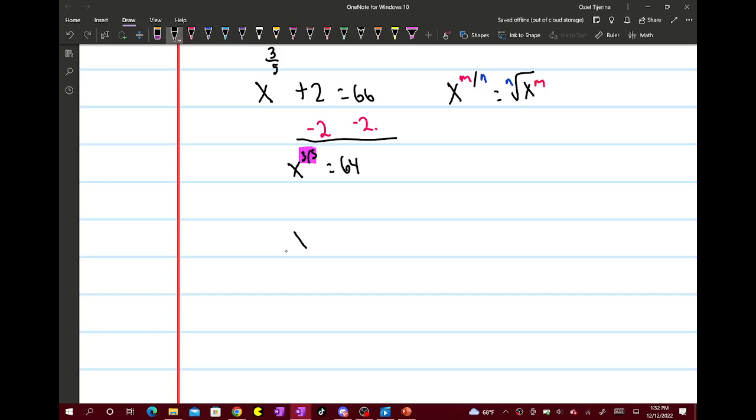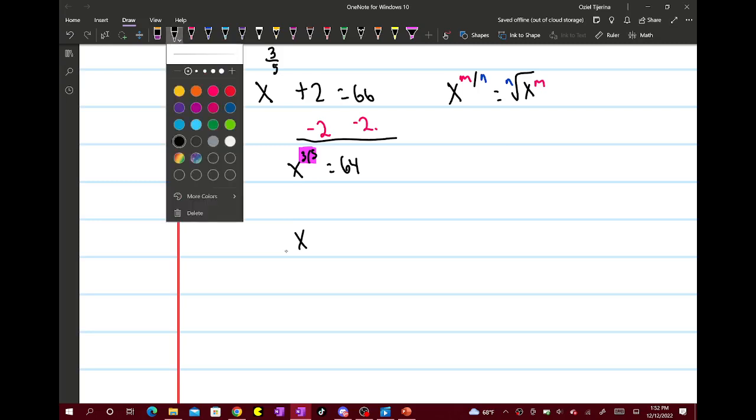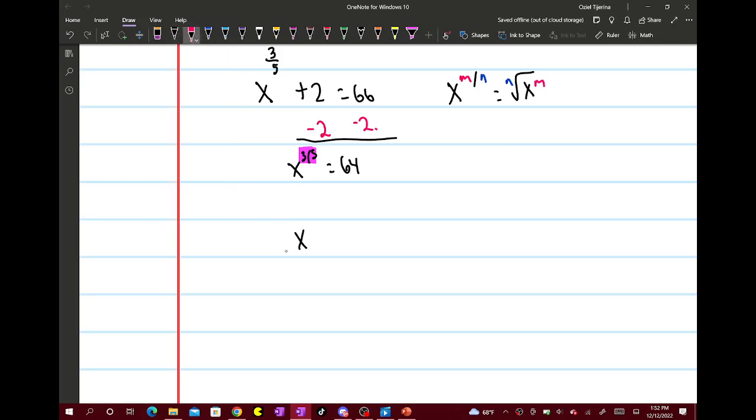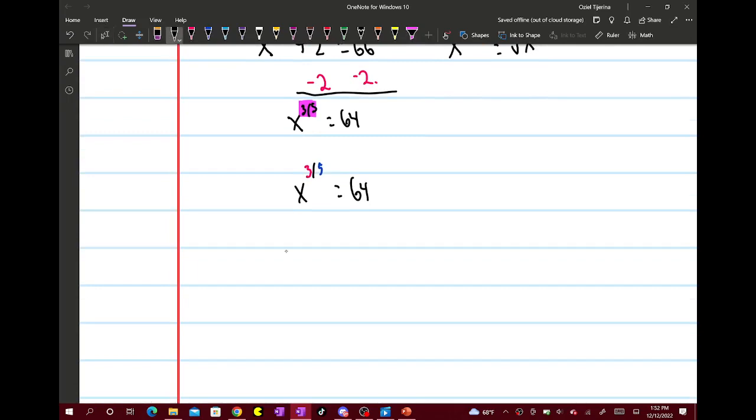So we can say x to the 3/5 power is equal to 64, and this is the 5th root of x cubed, equal to 64.